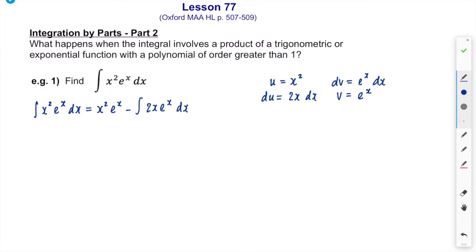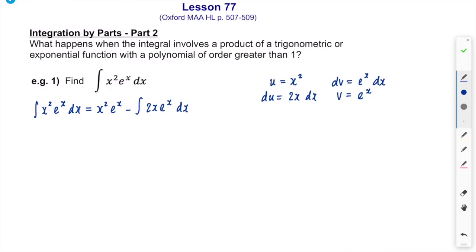You may notice that this particular integral we have just written down is very similar to some of the integration by parts questions that we have done before. So we can certainly apply integration by parts again to simplify that integral.